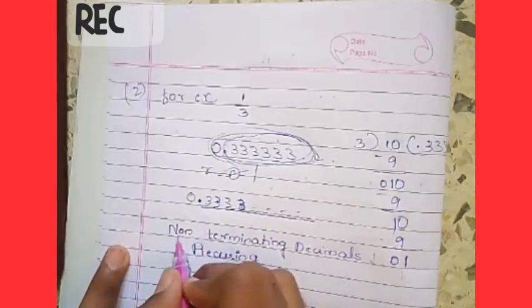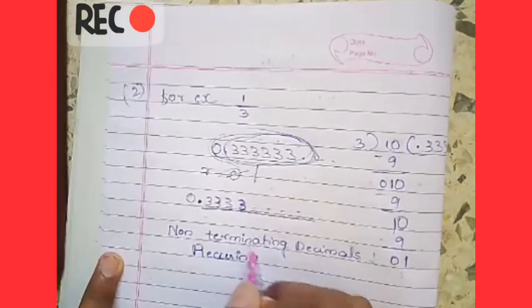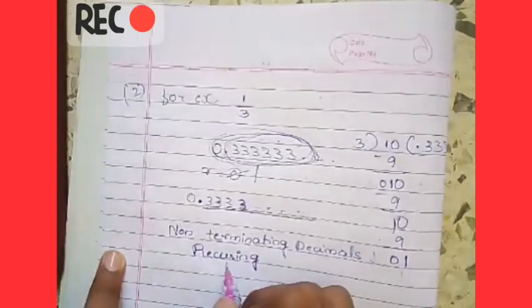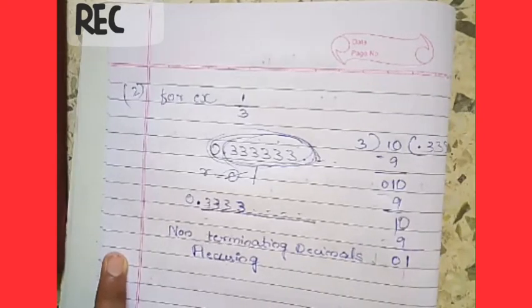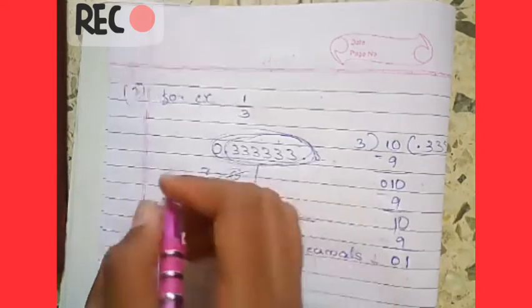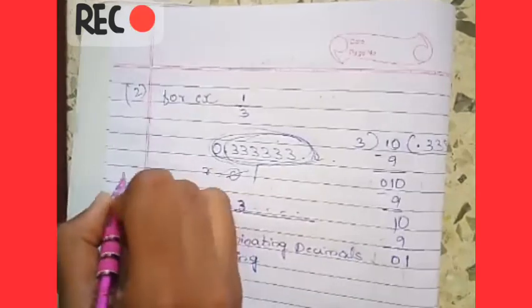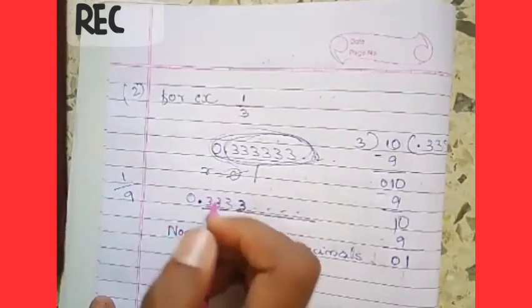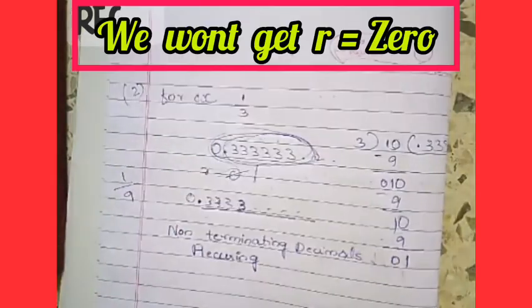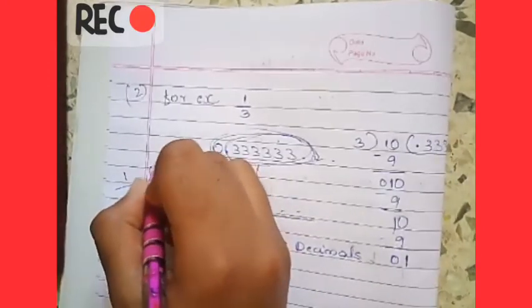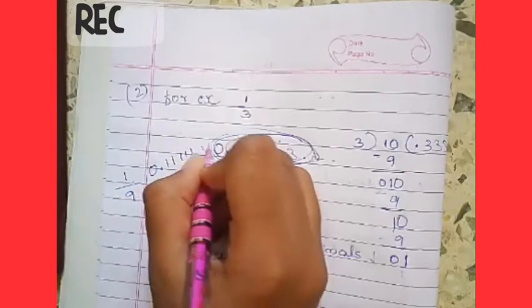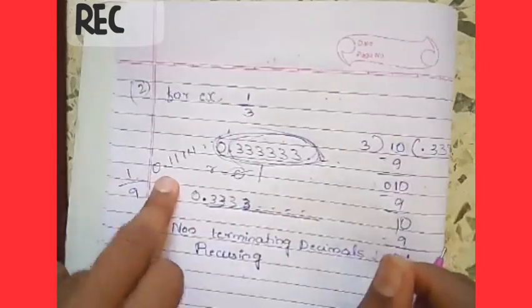So here, non-terminating decimals and recurring decimal. Now if we take 1 by 9 also, we won't get remainder 0. We'll get 0.11111. Here 1 is repeating.